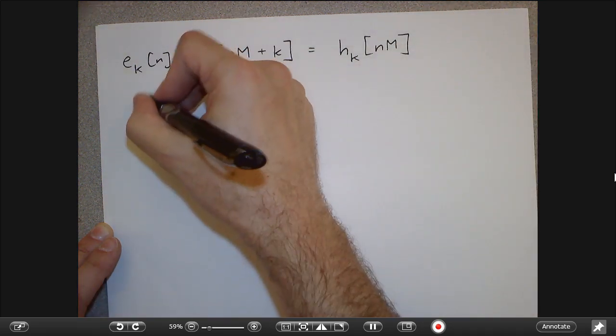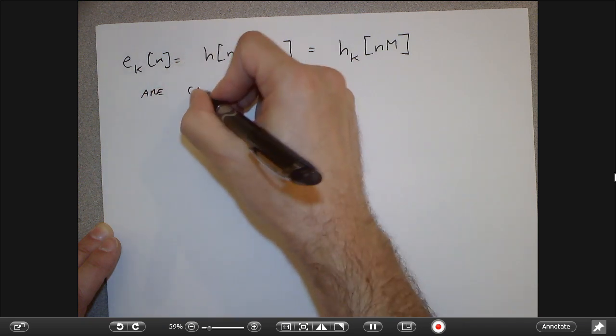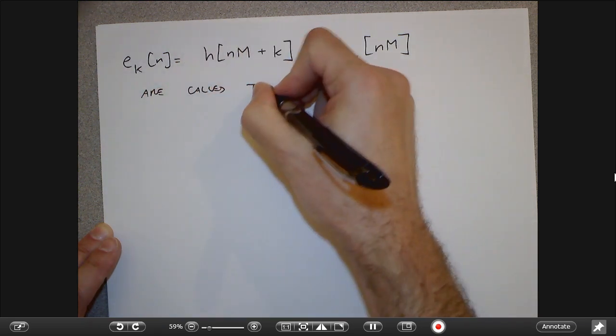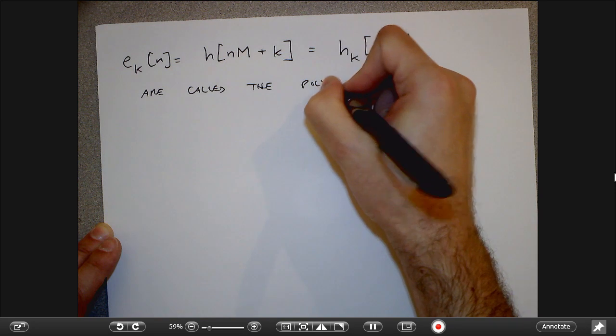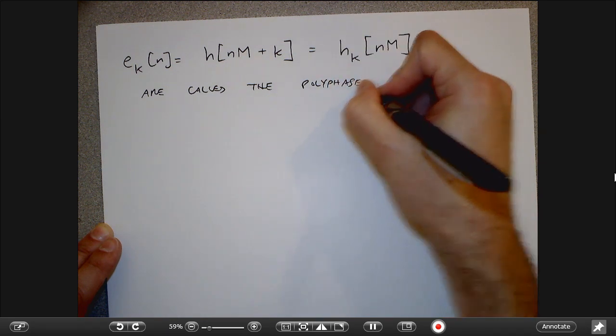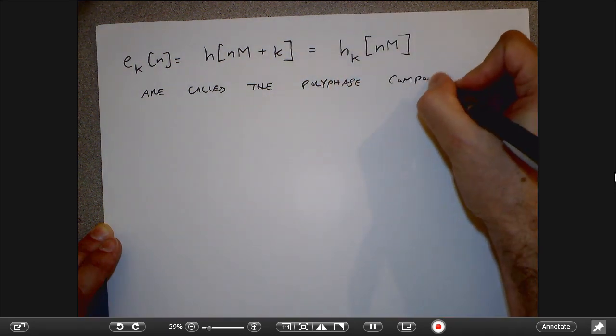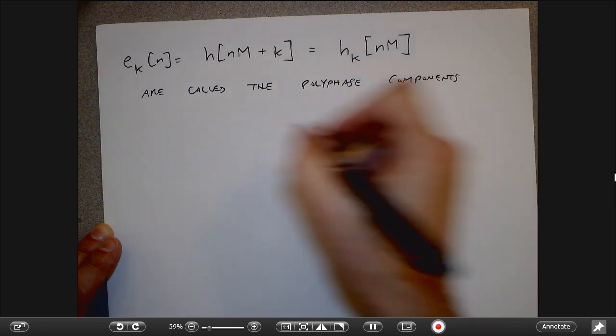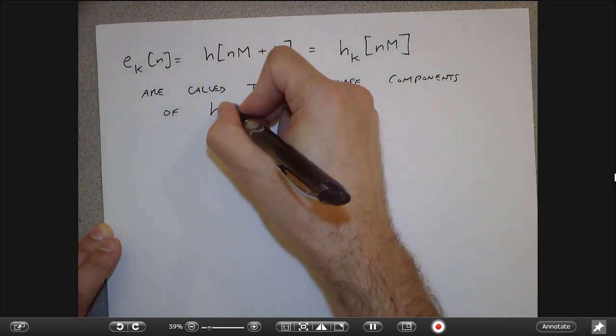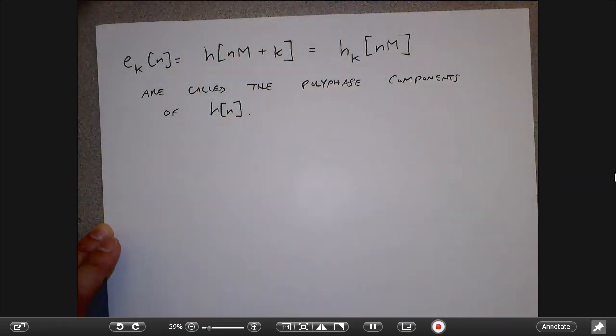So these are called the polyphase components of h of n.